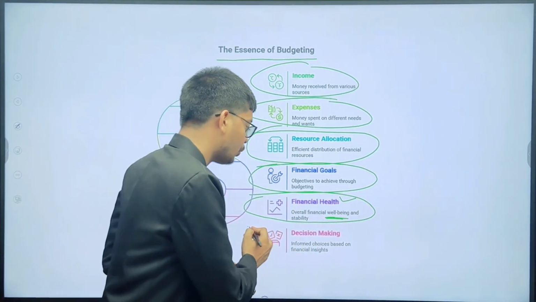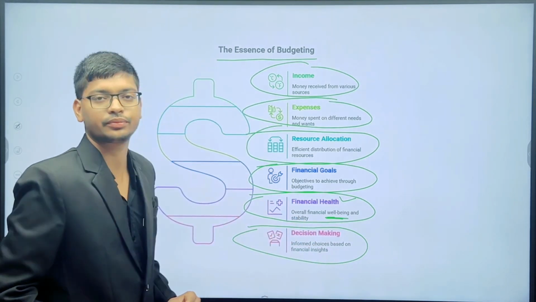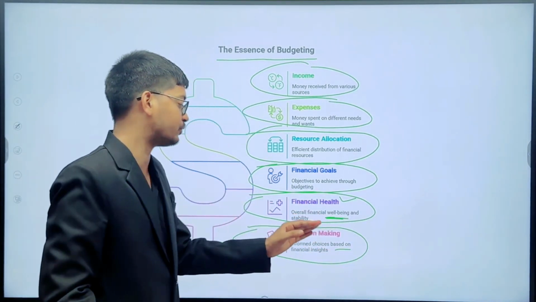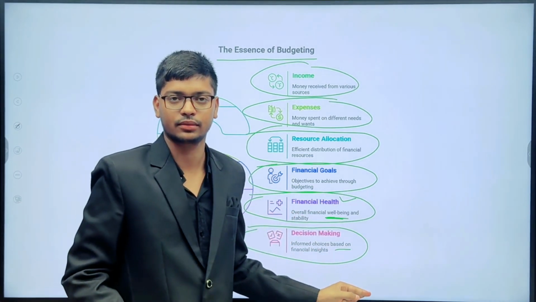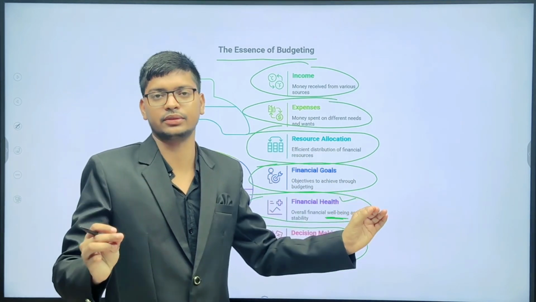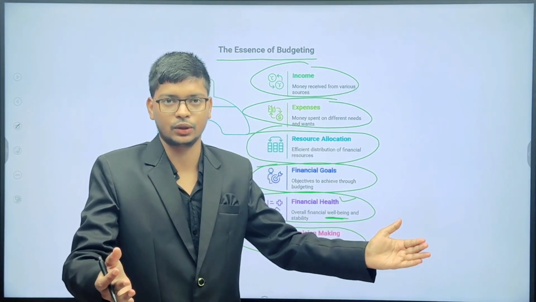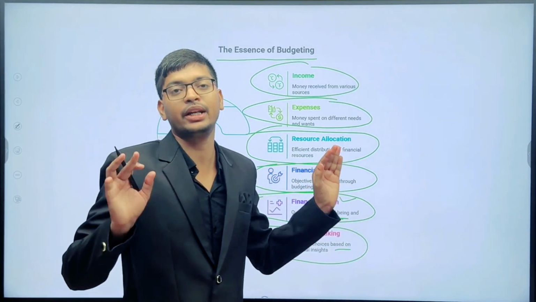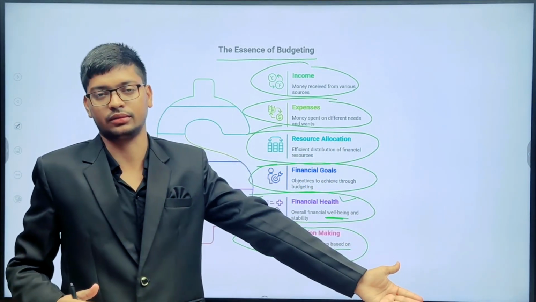Next, you make decisions, like informed choices based on financial insights. So whenever you create your budget for your money, you have to focus on these points. These points are very essential for your budgeting plan.